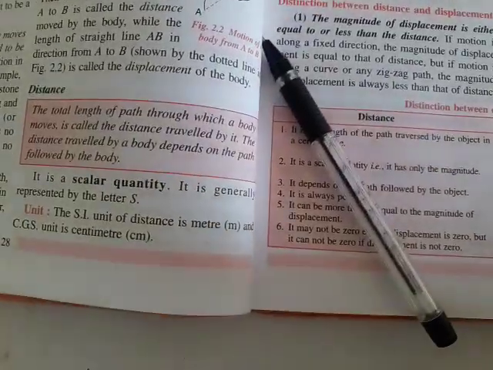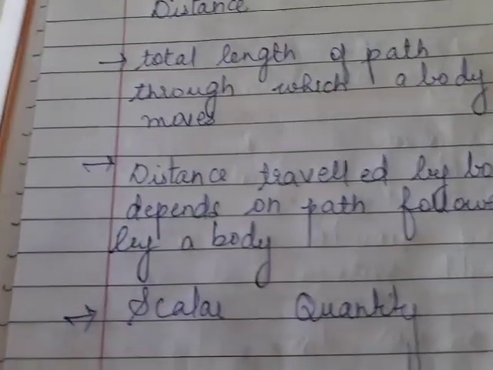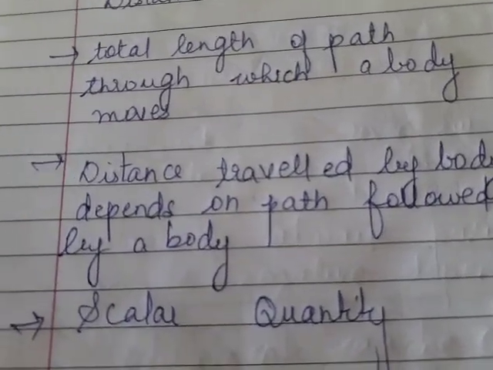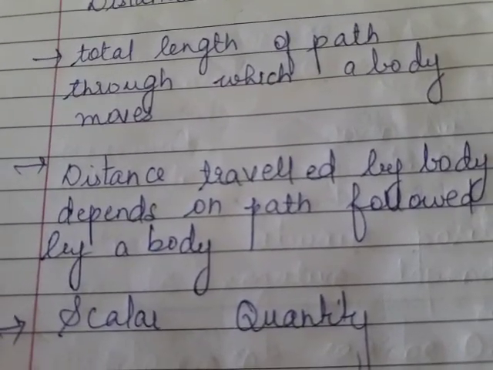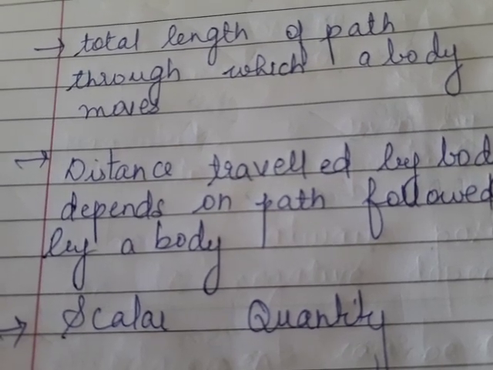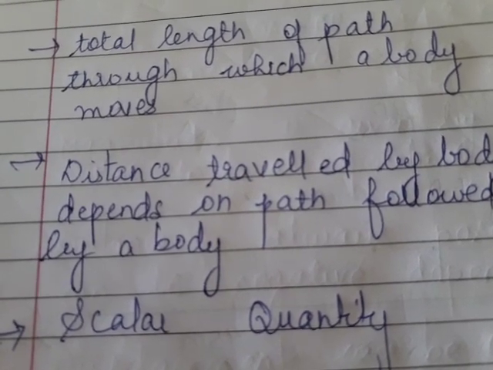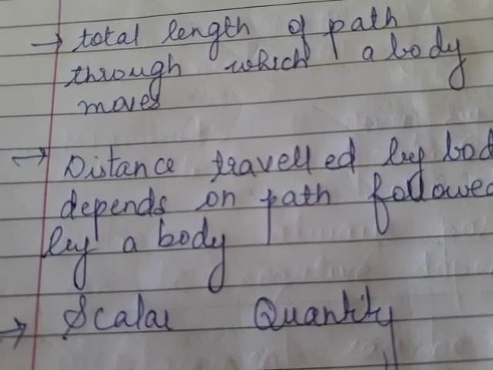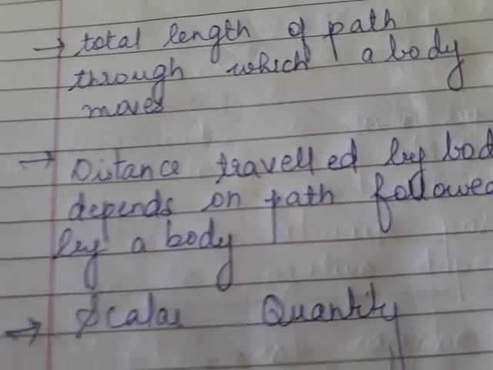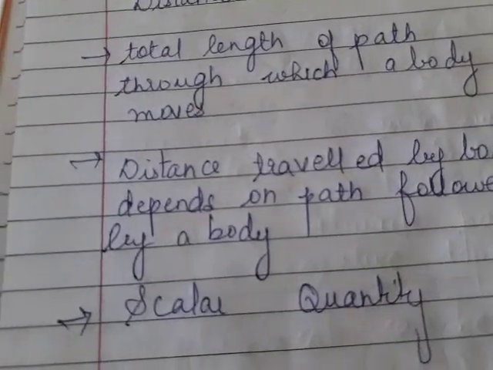Now distance is a scalar quantity. The distance travelled by a body depends on the path followed, and it's a scalar quantity. Scalar quantity means it depends only on the magnitude, only on the value. Then the unit of distance is meter and centimeter.